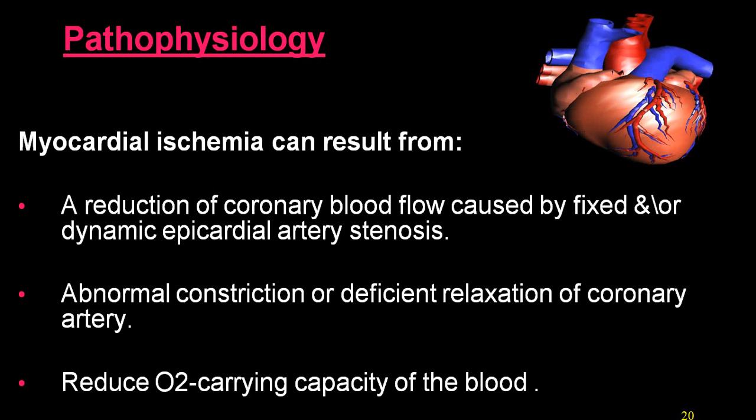Myocardial ischemia can result from a few mechanisms we have already mentioned. One, decreased coronary blood flow because of a congenital anomaly, where the myocardium does not receive oxygenated blood. It will receive more deoxygenated blood, or there is an increased demand, or there is a decreased supply.